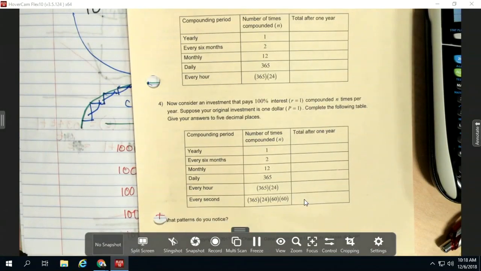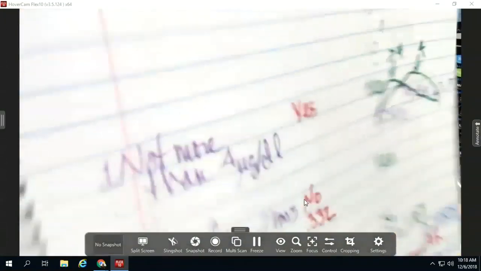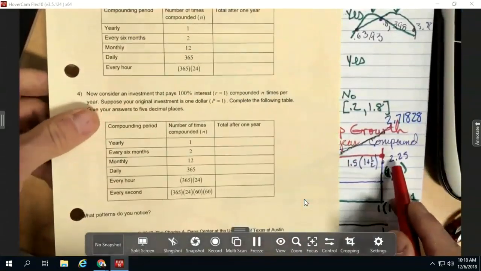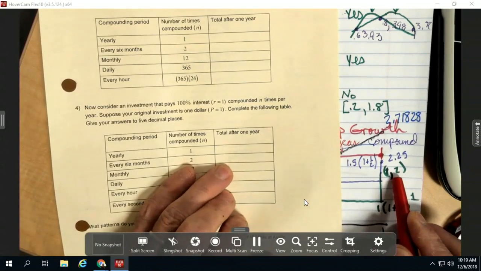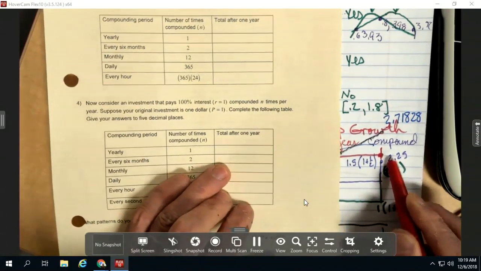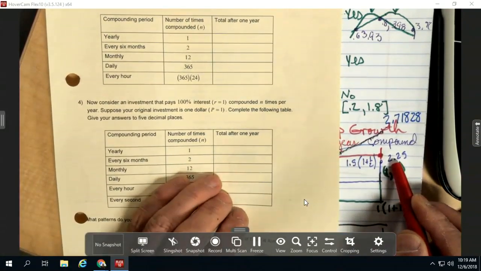Number 4 talks about that total after 1 year. Well, we've already done the math for that. If we get 100% interest, we had that on this table over here, right? If we compounded it yearly, we end up with 2. If we compounded every 6 months, we ended up with 2.25.